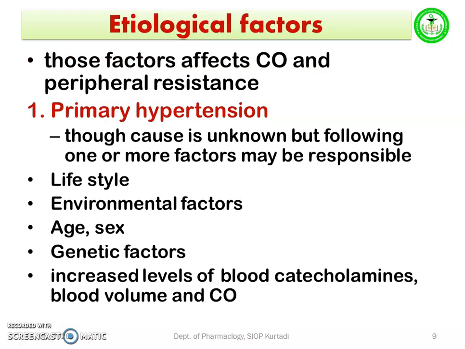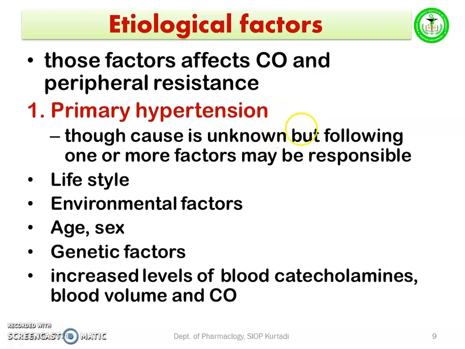Next one is etiological factors, that is causes of hypertension. The factors which affect cardiac output and peripheral resistance may be responsible for causing hypertension. First one, causes of primary hypertension.